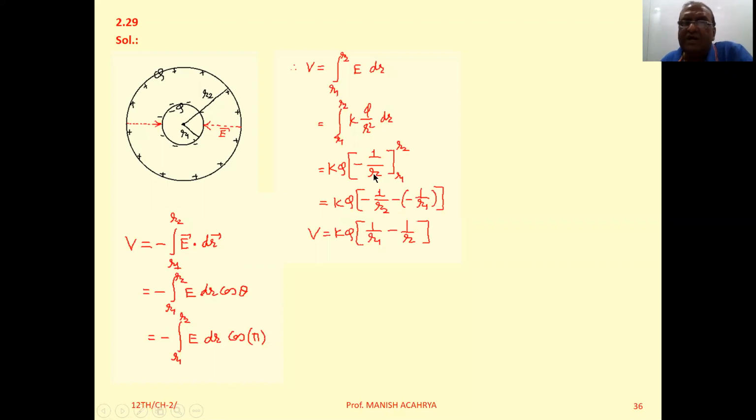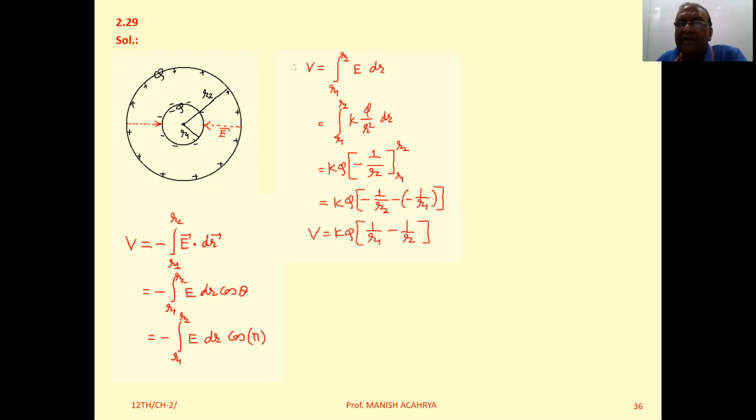First substitute r equal to R2, the upper limit, then minus r equal to R1, the lower limit. So we can write V equal to Kq into 1 upon R1 minus 1 upon R2.